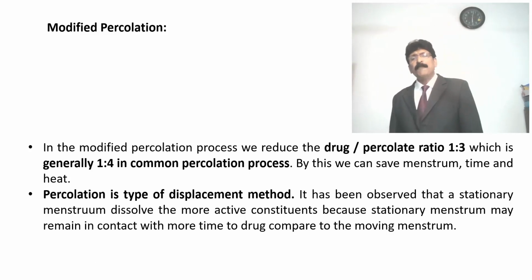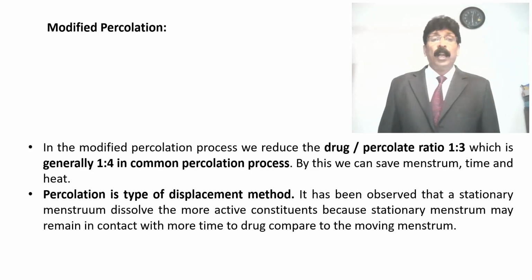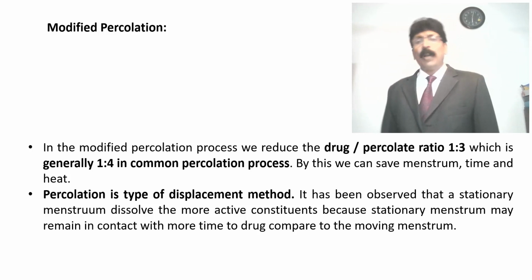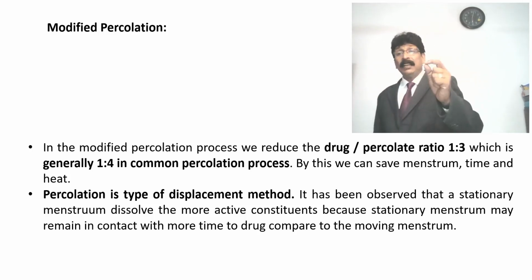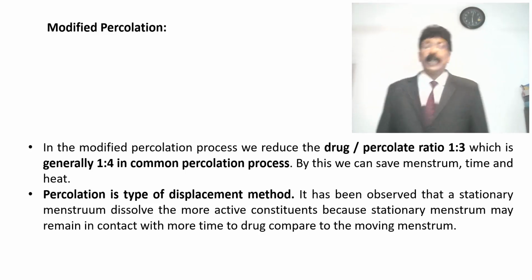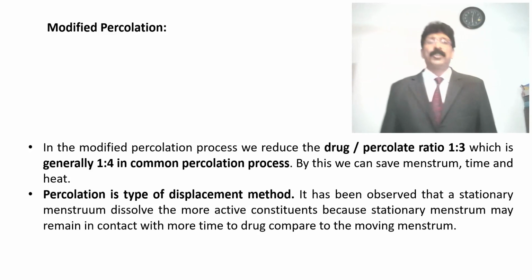It has been observed that a stationary menstruum dissolves more active constituents, because the stationary menstruum may remain in contact with the drug for more time compared to the moving menstruum.